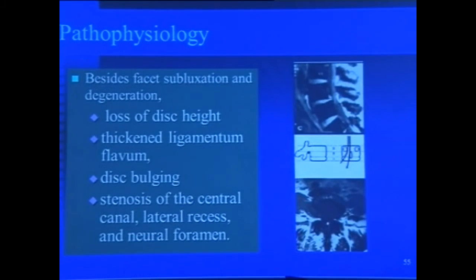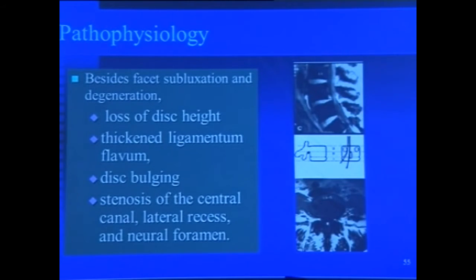Besides this, if we look into the various radiological changes present in cases of spondylolisthesis, you will find at L4, L5 the disc height is decreased and the ligamentum flavum is increased, which is producing pressure from the posterior side.